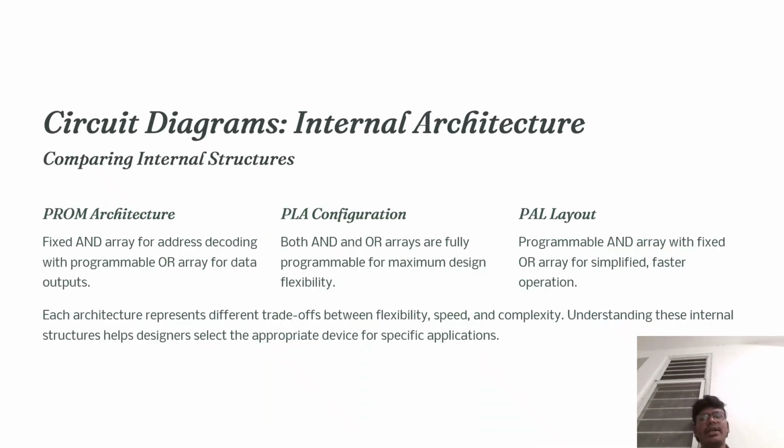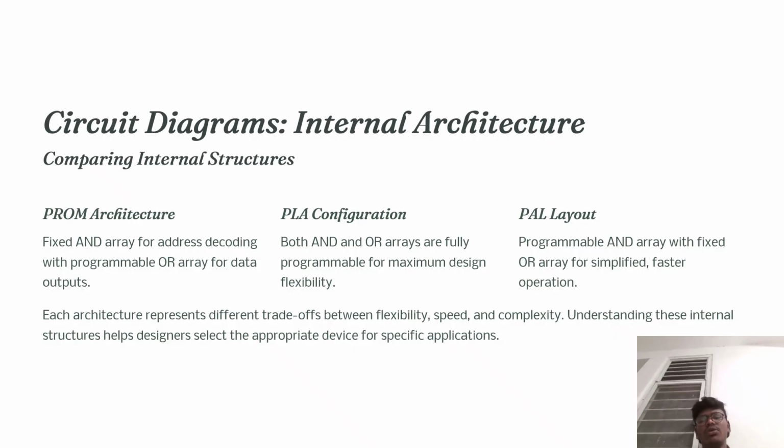of circuit diagrams, internal architectures, comparing internal structures. PROM architecture: fixed AND array for address decoding with programmable OR array for data outputs. PLA configuration: both AND and OR arrays are fully programmable for maximum design flexibility.